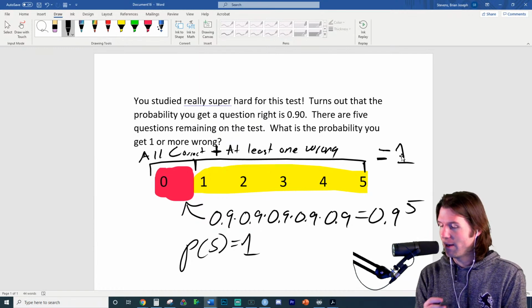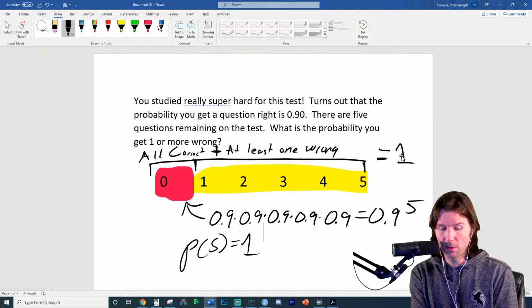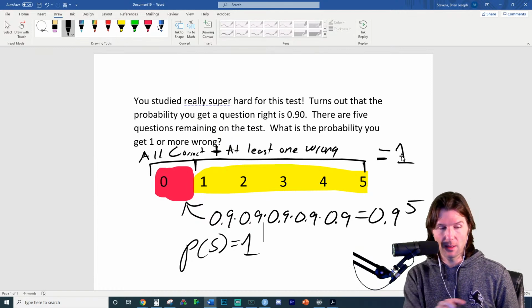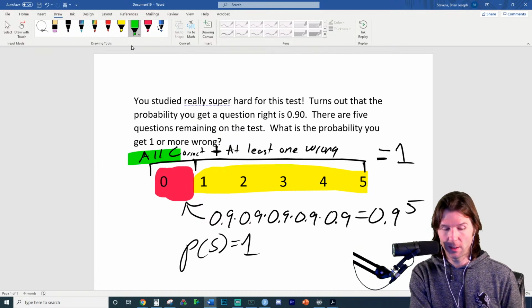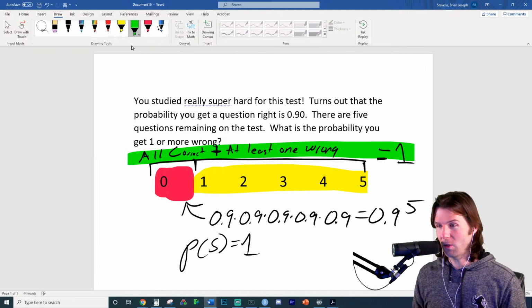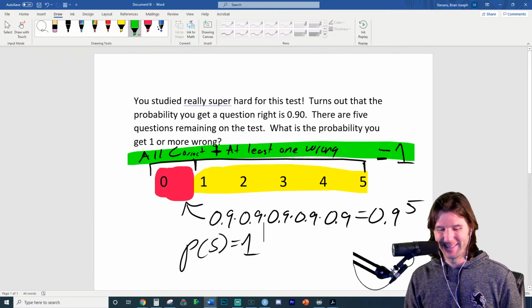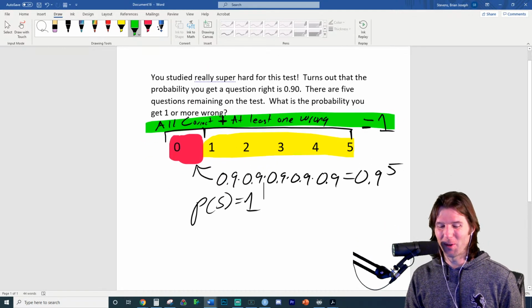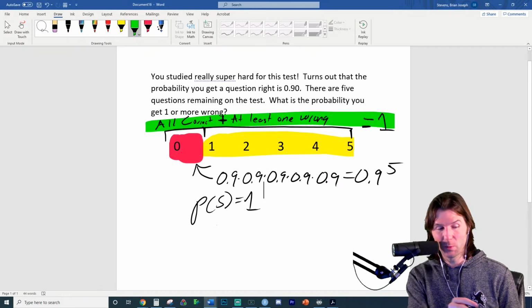I'll show that next. And so now what we're going to do is we're just going to take this equation right here. I'm highlighting in green. We're going to take this equation right here, and we could do one wrong also. And we're just going to rewrite it.